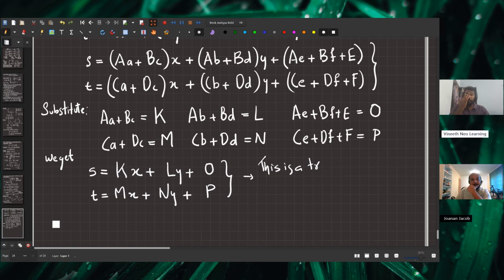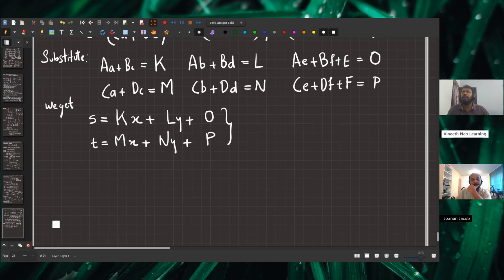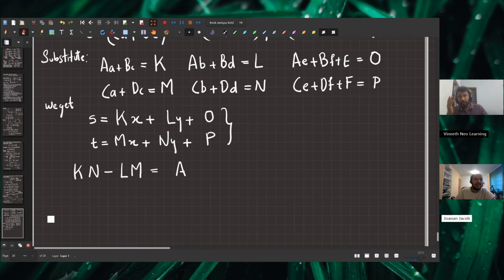Let's check that condition. K times n minus l times m becomes AD minus BC. So that is a very tedious calculation. Do you want to do that? No, I don't want to do it really, but you got the idea.